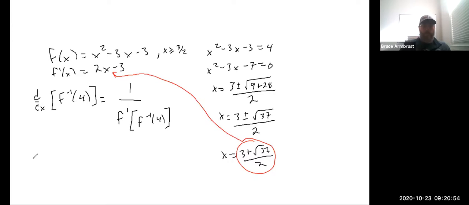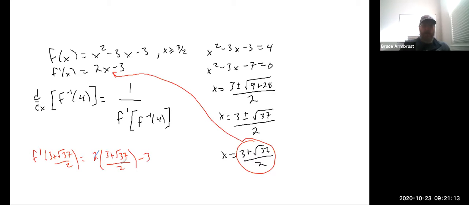So I'll do that down here. So f prime of (3 plus root 37) over 2 is going to equal 2 times (3 plus root 37) over 2 minus 3. This is going to simplify a lot.